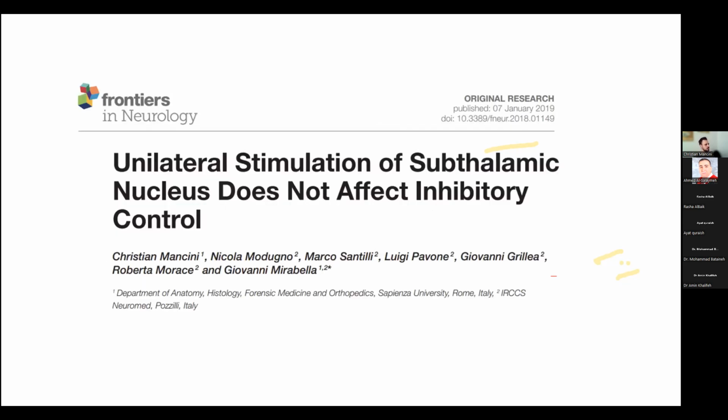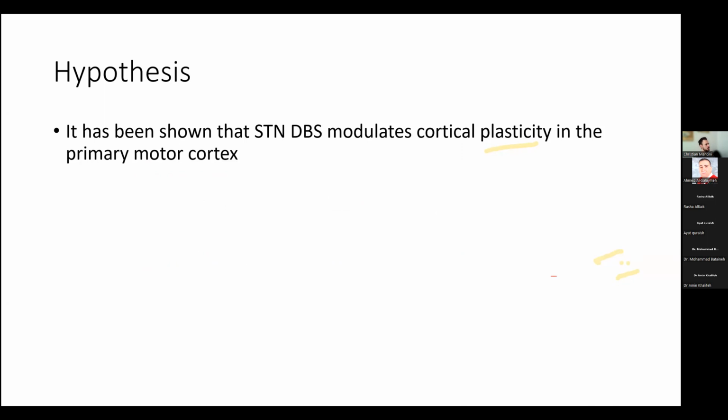The next work that I want to show you is this paper. And here the hypothesis is similar, because it has been shown that the subthalamic nucleus, stimulated by these deep brain stimulation electrodes, modulates the cortical plasticity in the primary motor cortex.